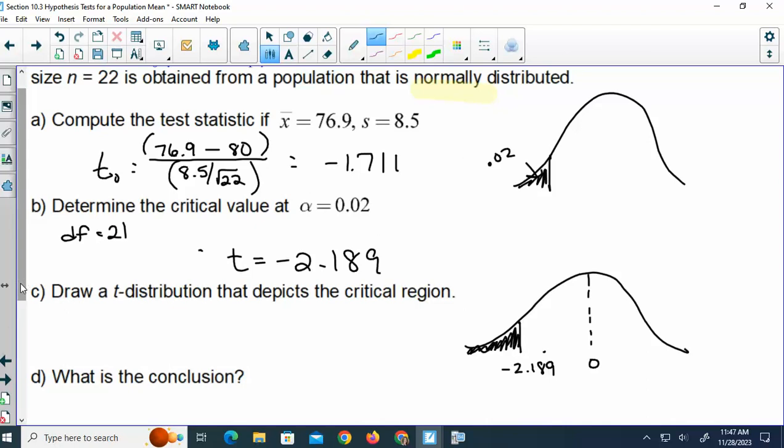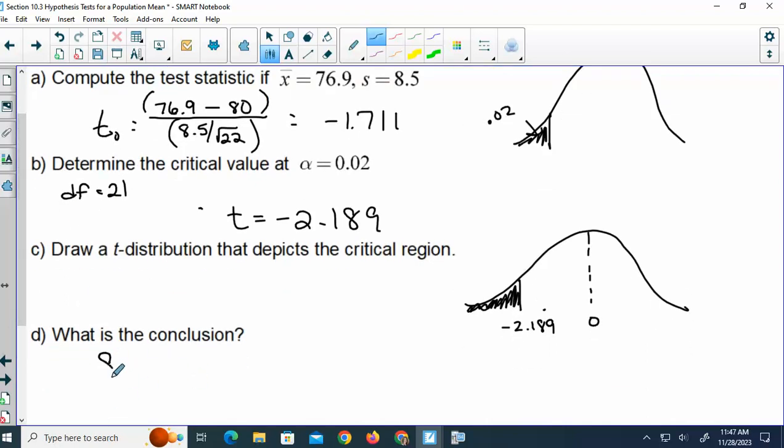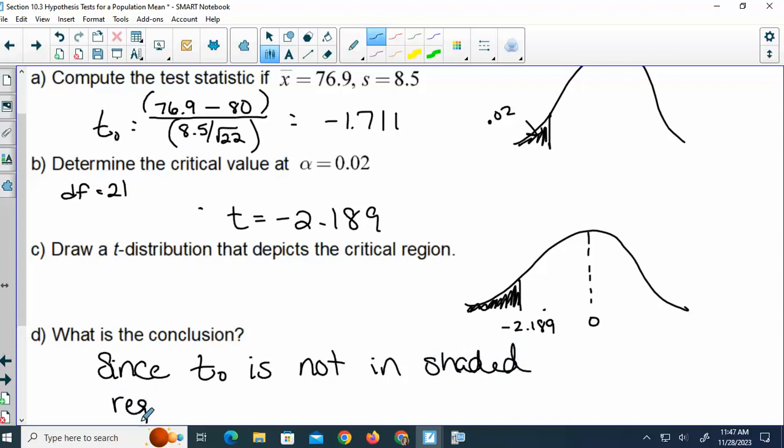So our conclusion, since our t statistic is not in the shaded region, we fail to reject.